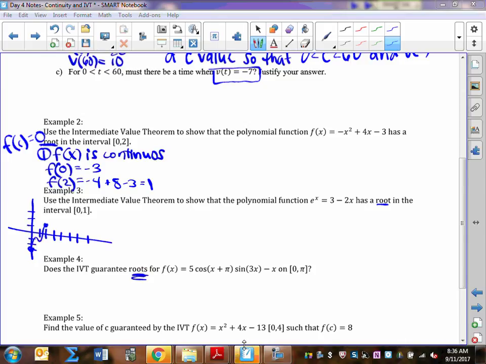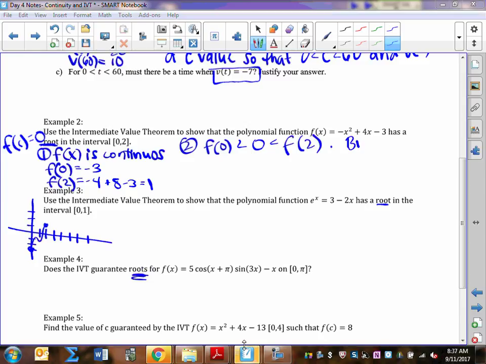So let's do that. Again, f of 0 is less than 0, which is less than f of 2. Our y value, the point in question, is in between the endpoints there. Alright, so then we can go ahead and use IVT. We've met all those conditions.